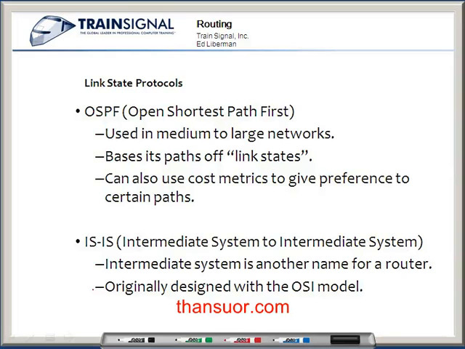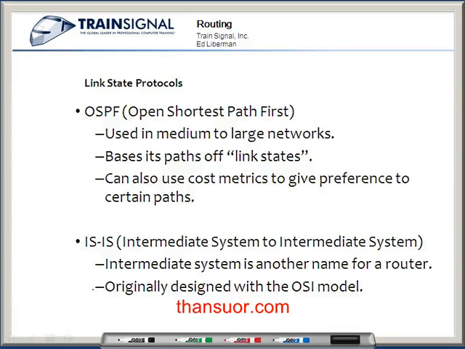The other one I have here is IS-IS. And I think I just said IS three times, right? Well, IS-IS stands for Intermediate System to Intermediate System. And guess what? An intermediate system is another name for a router, which means basically this protocol is saying, hey, I'm a protocol that's designed for routers to talk to routers.